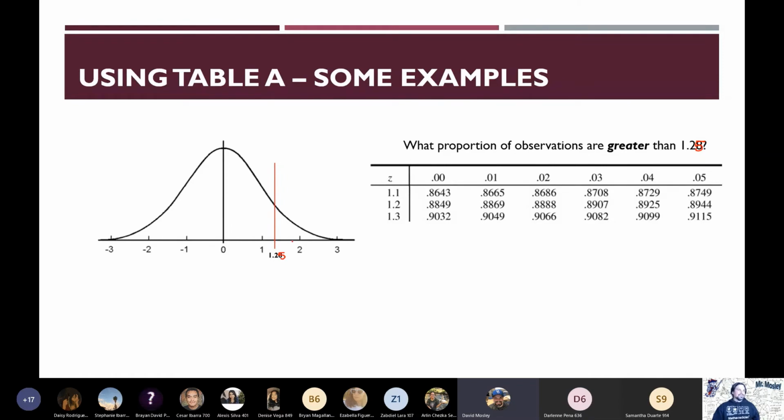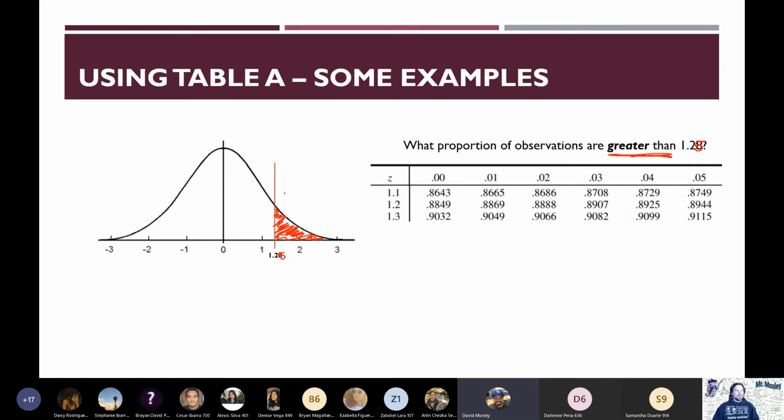We want to know what proportion of observations are greater than. So instead of to the left of this number, which is the value that table A will give me, I want to know what proportion is to the right.